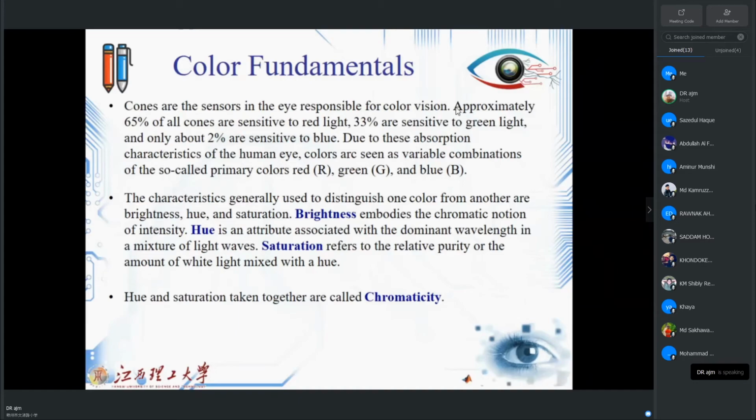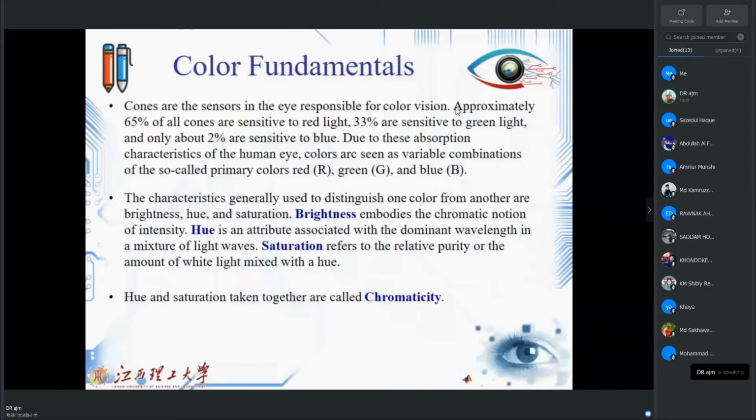And you will get different colors with the help of these three colors. Due to this observation of the characteristics of the human eye, colors are variable combinations of so-called RGB, or red, green, and blue. That is why we call them the three main colors.